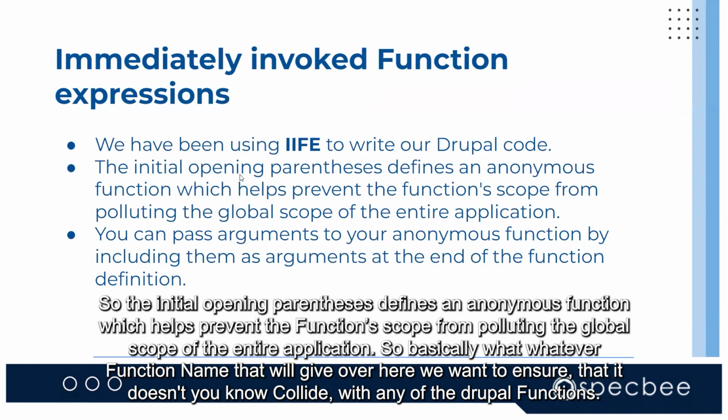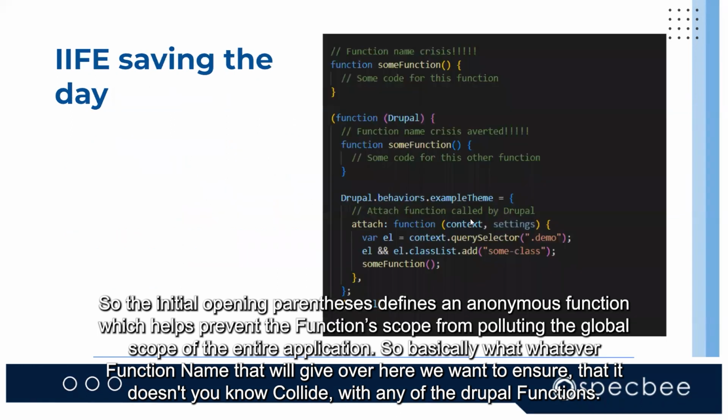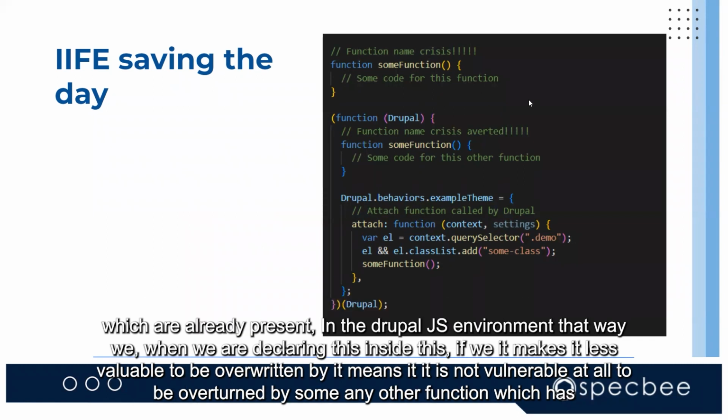The initial opening parenthesis defines an anonymous function, which helps prevent the function scope from polluting the global scope of the entire application. Whatever function name we give over here, we want to ensure that it doesn't collide with any of the global functions which are already present in the Drupal JS environment.